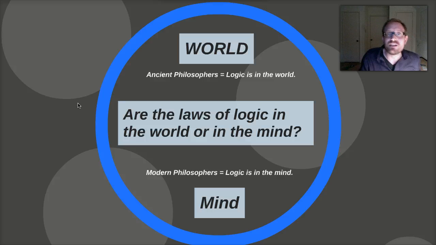It reveals features about the world itself. Where the modern philosophers seem to be stuck with this question of, is logic in the mind, and if it's not, what is its relationship to the mind? Right? So I think you end up with this division between the mind and the world. And I think you can use that division really to understand the gist and the core problem that we see within the history of the development of logic.